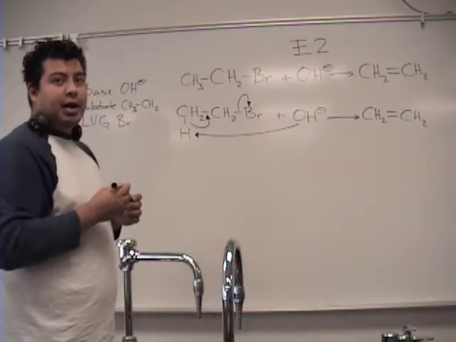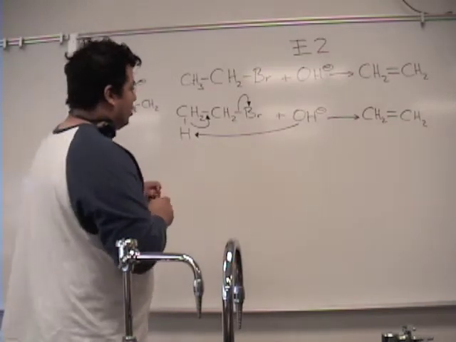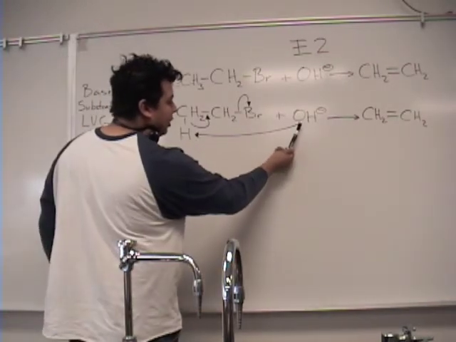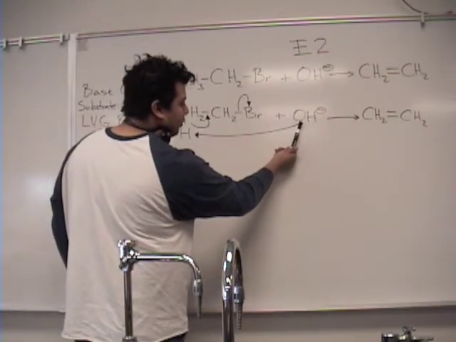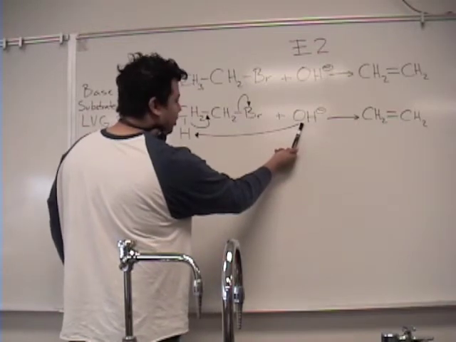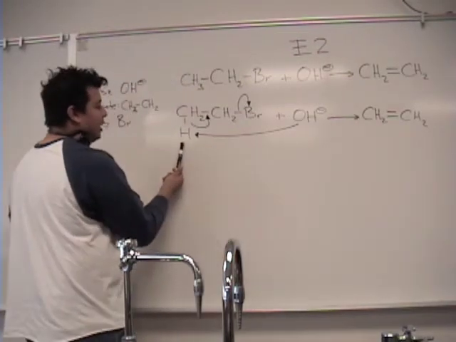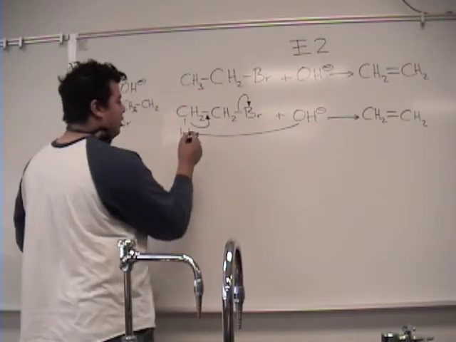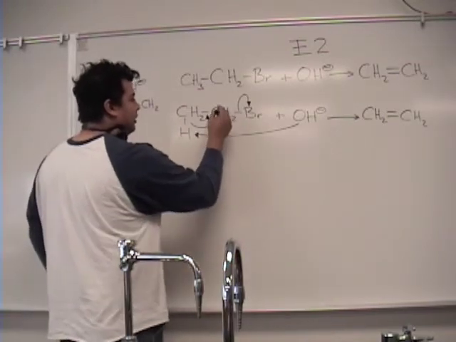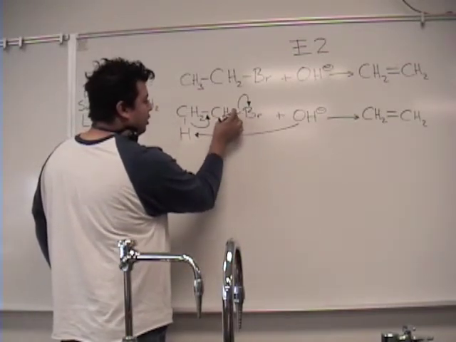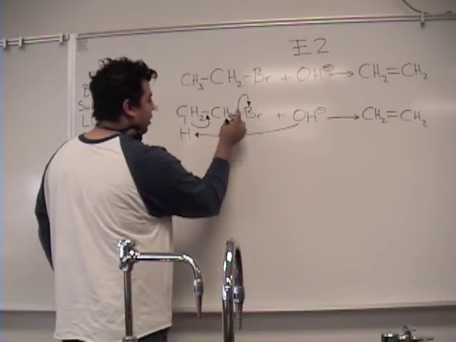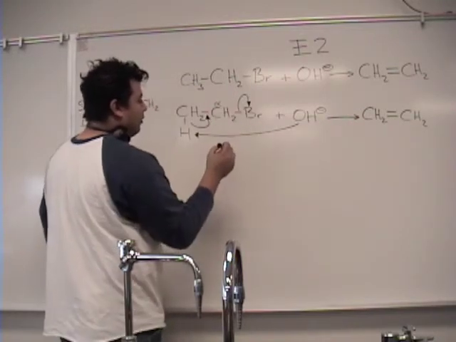Now, this mechanism is going to go like this. Like I said, it's a concerted step. You go, the OH serves as a base. It picks up one of the beta hydrogens, which are slightly acidic. Remember that the carbon that is attached to the Br directly, this is our alpha carbon.